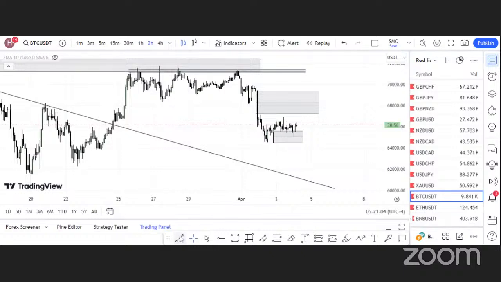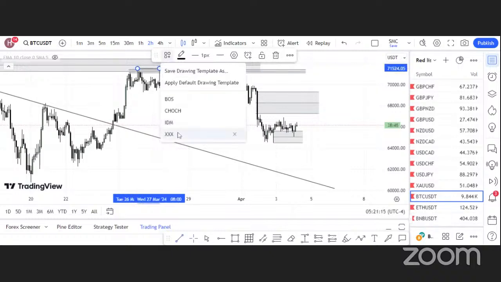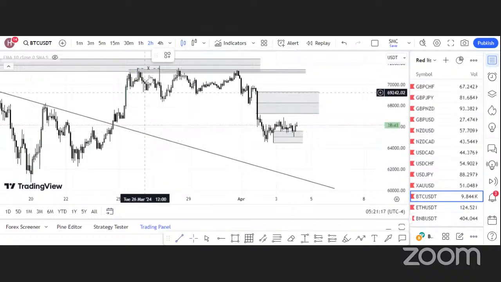And before the market started the bearish move, another thing happened here. Okay, another liquidity was taken out here. So this is the leg that created the liquidity.